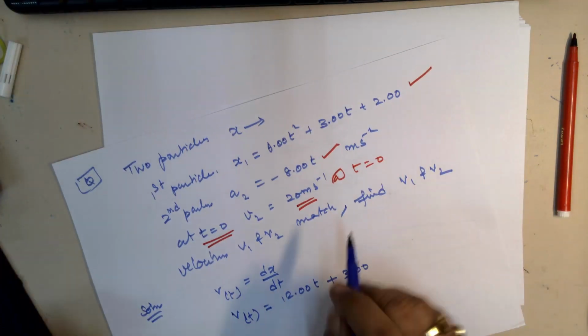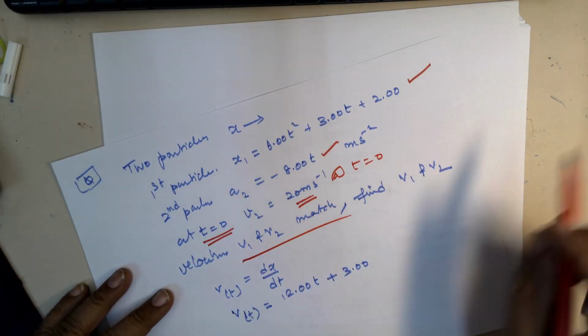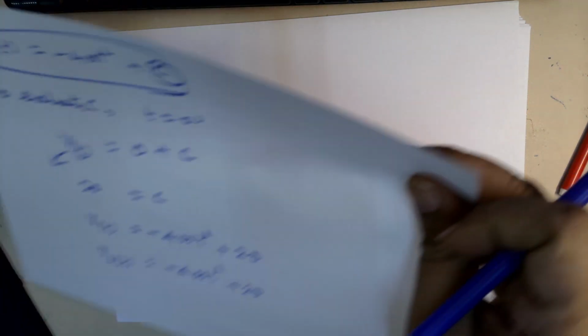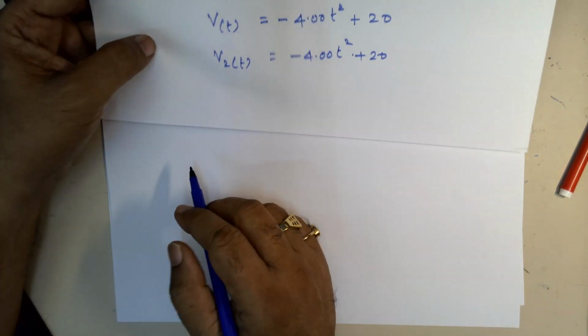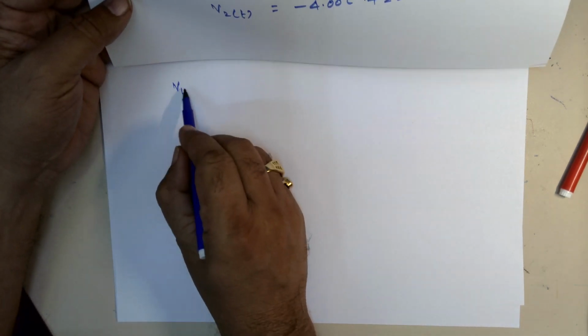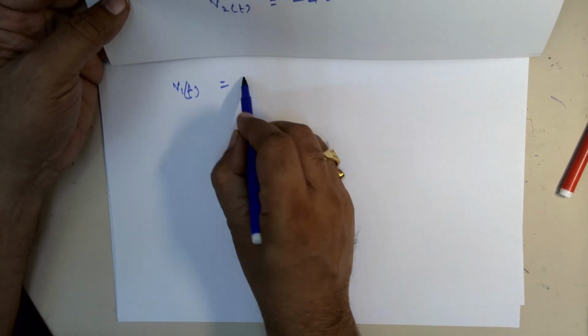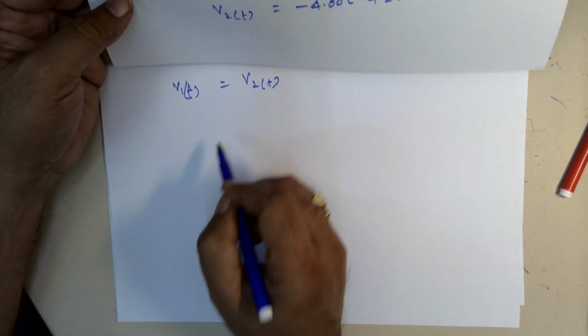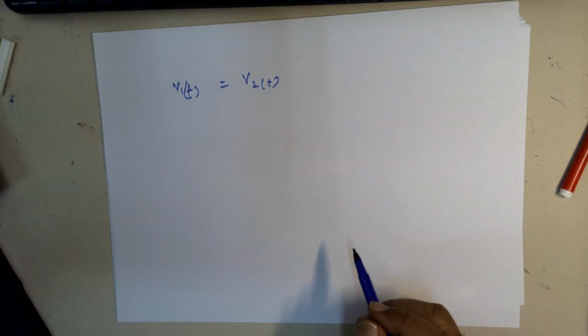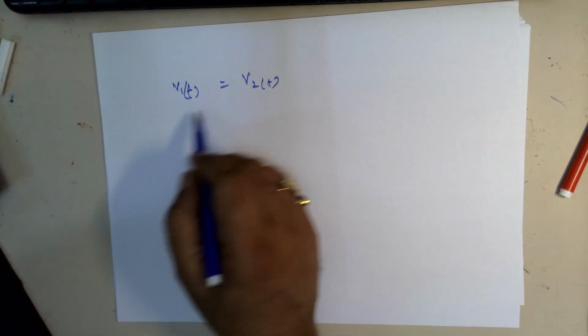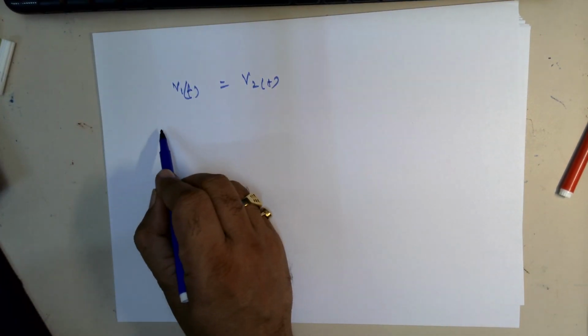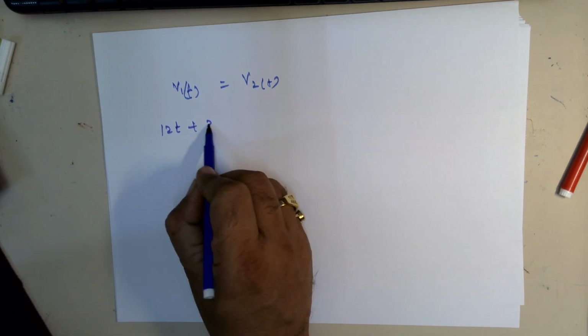And what they have given here, v1 and v2 are equal. So we can compare this. Therefore, V1 at t is equal to V2 at t. Do you agree with me? V1 at t means 12t plus 3.